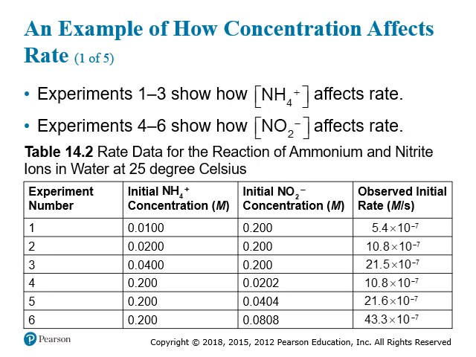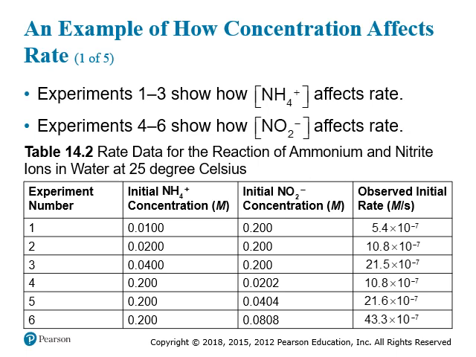If we look at experiments 1, 2, and 3, from experiments 1 to 2, we see that we double the initial concentration of ammonium. The observed initial rate of reaction similarly doubles from experiment 1 to experiment 2. When we perform experiments 2 and 3, we see that once again a doubling of the concentration of ammonium results in a doubling or an approximate doubling of the rate of reaction.